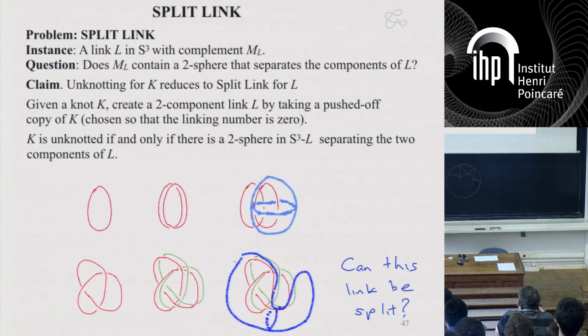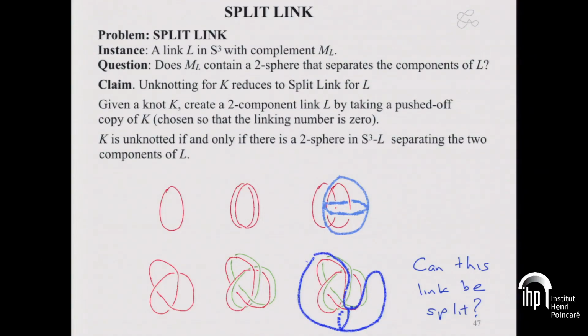But there's an even better way to avoid all these technicalities, which is to avoid boundaries altogether. We're just going to ask the question, is a certain link split? And that will imply a solution to unknotting. So let me show you how this logic goes. It's very simple. If you take an unknot, so look at the red unknot there, and you push off a copy to one side, then you get a trivial link.